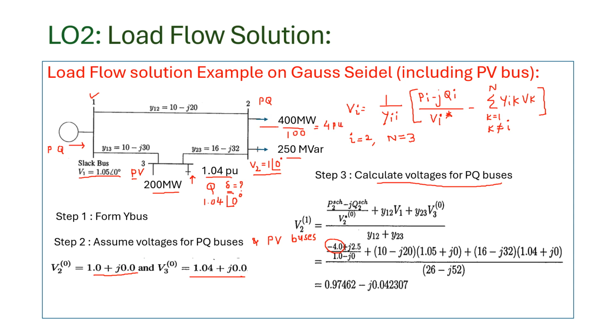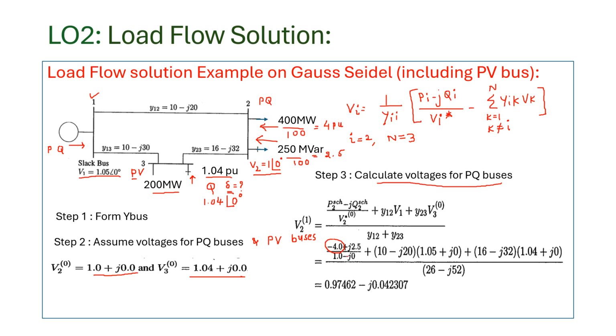But we want the active power to be injected into the bus, so it is written as minus. Similarly, the reactive power 250 is divided by 100, so we get 2.5, and since we want the reactive power injected into the bus, it is taken as minus. So in total it is minus 4 plus j2.5, and the other parameters are substituted.